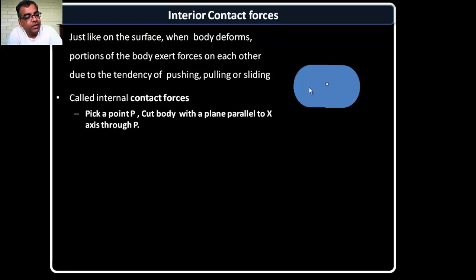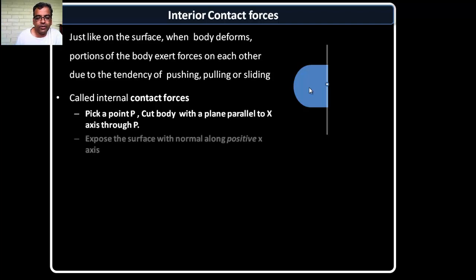We are going to call these internal contact forces, and this is what governs the fields. So we are going to pick a point P, and cut the body with a plane through P perpendicular to the x-axis, not parallel to it.